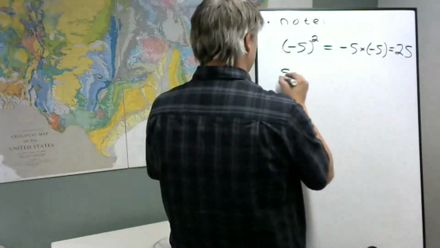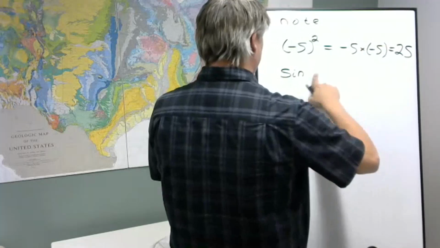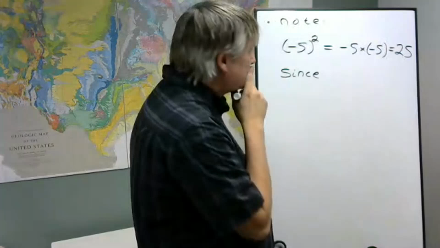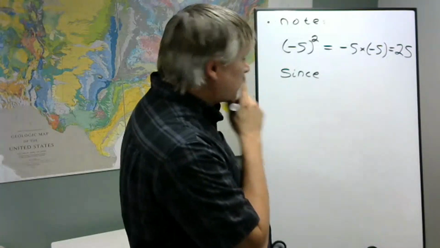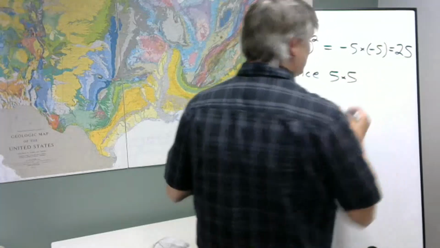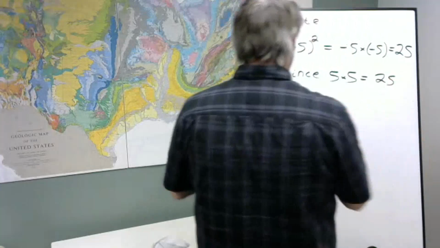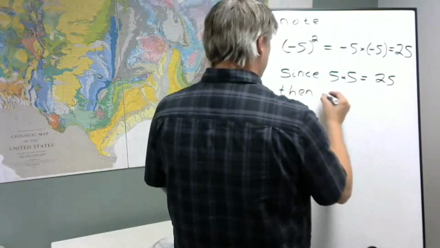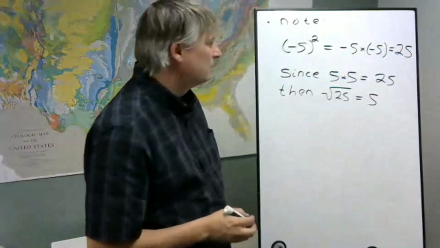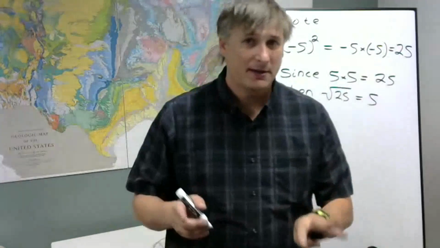But now this is going to seem a little strange, because what I'm going to say is this. Since 5 times 5, see, I skip the negative here, equals 25, then the positive square root of 25 is still 5. Well, wait a minute, why didn't I make this negative?